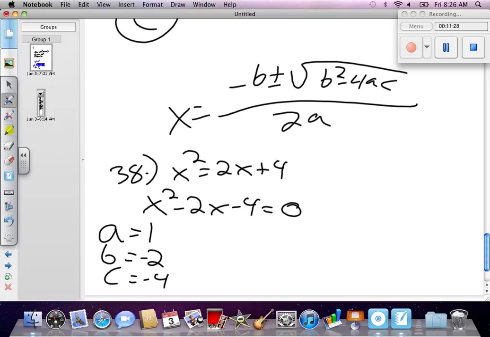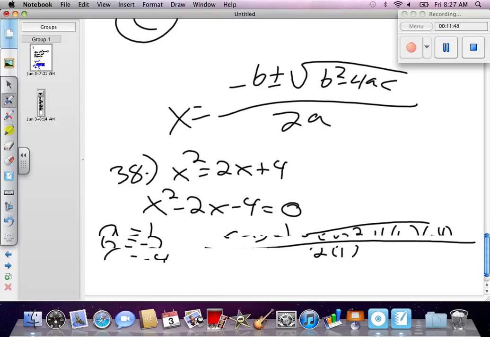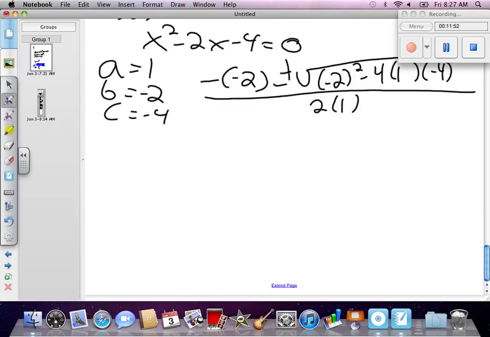Then we're just going to plug it in. So I'm writing minus a negative 2 plus or minus the square root of negative 2 squared minus 4 times a times c all over 2 times a. Okay? Now I'm going to do what's underneath the square root sign first.